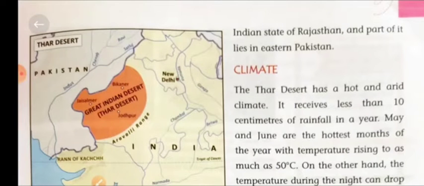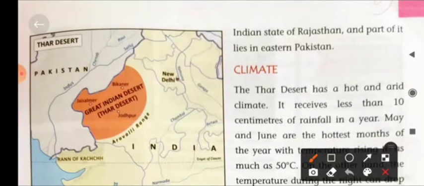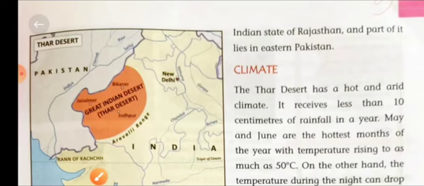Here, as you see in this map, the Great Indian Desert lies in the western part of the Aravalli range, and it is also found in some part of Pakistan. Okay, Thar means lonely, a region with no trees or land to live on.